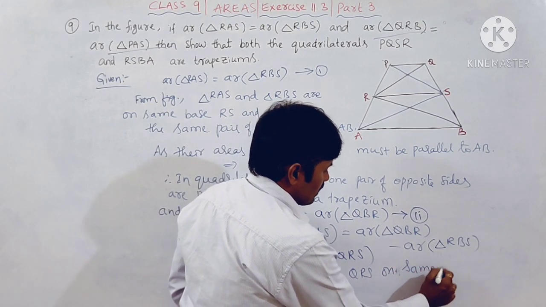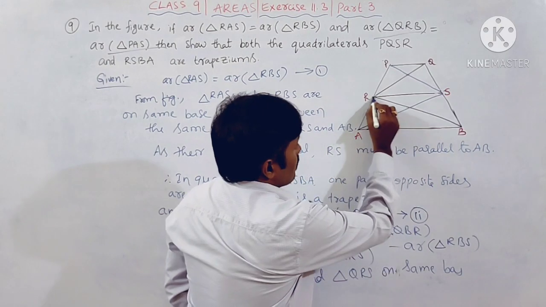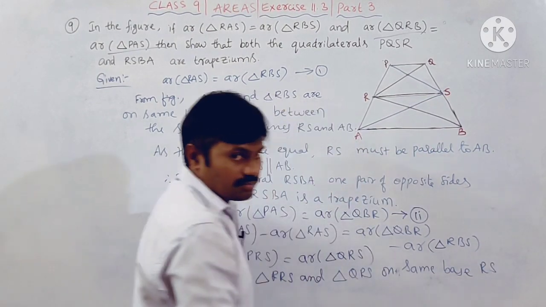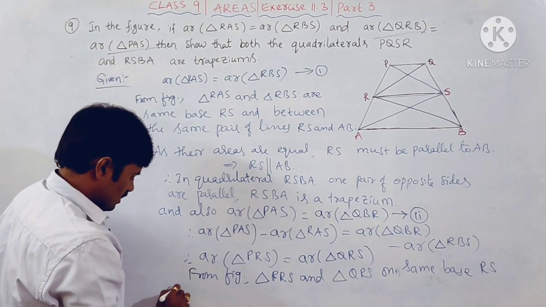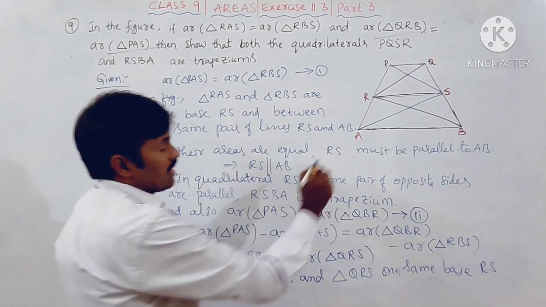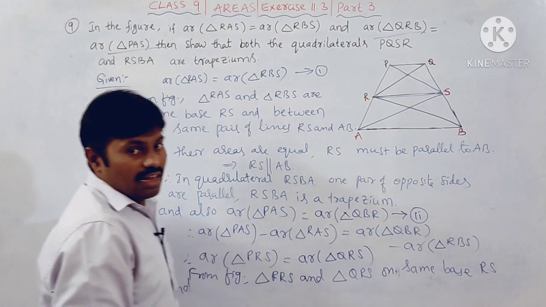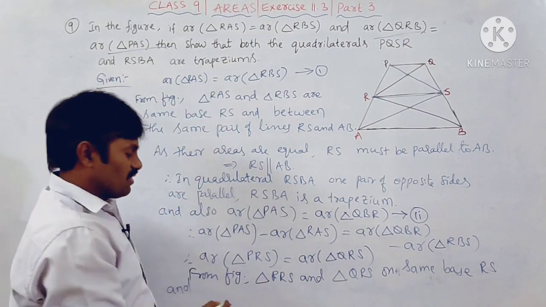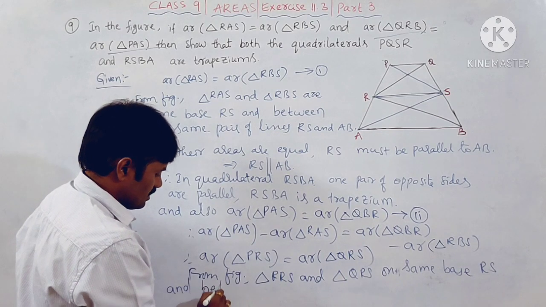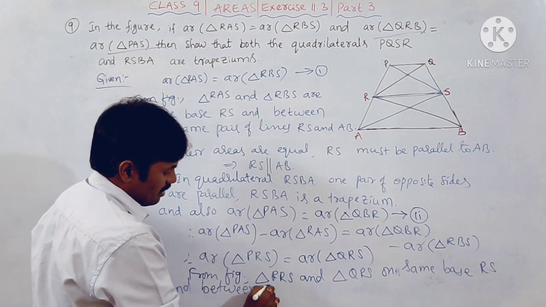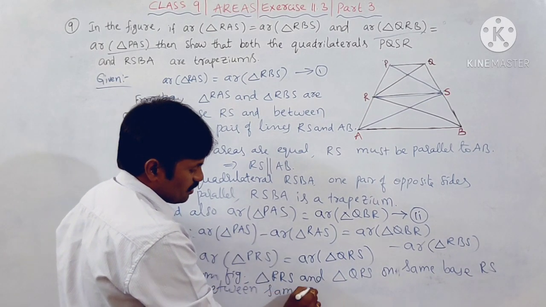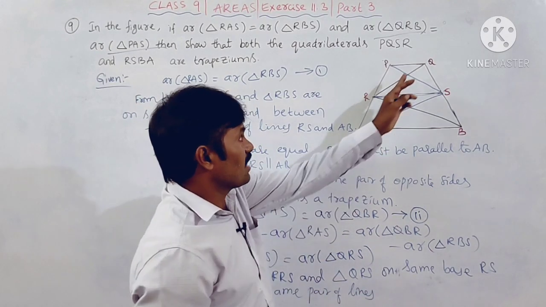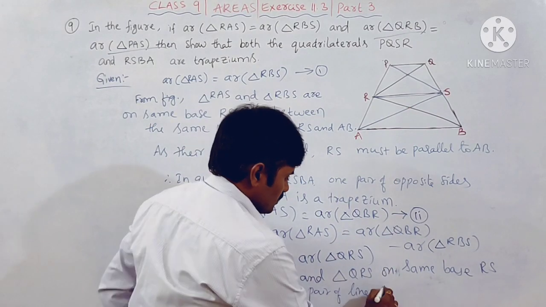What is the base here? The base is RS, and between the same pair of lines. What is that pair? The pair of lines are PQ and RS.